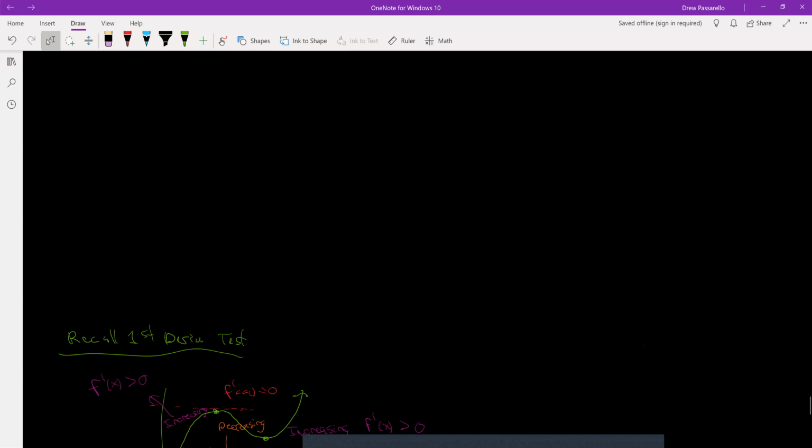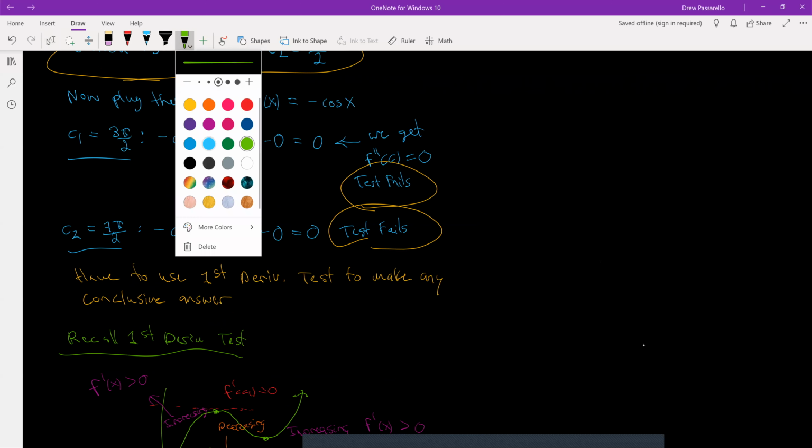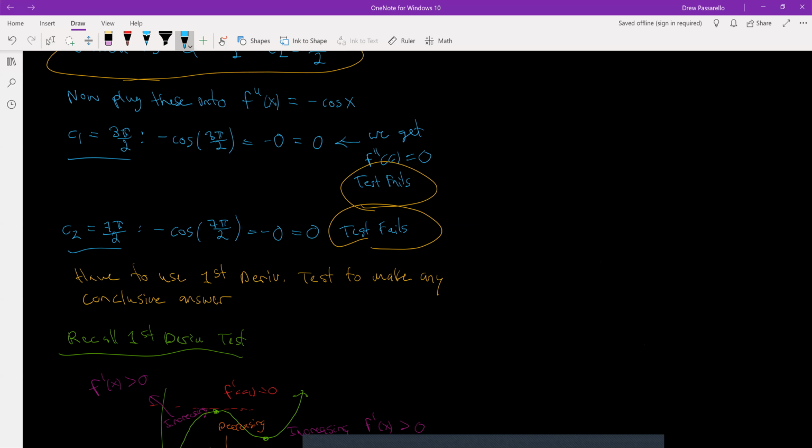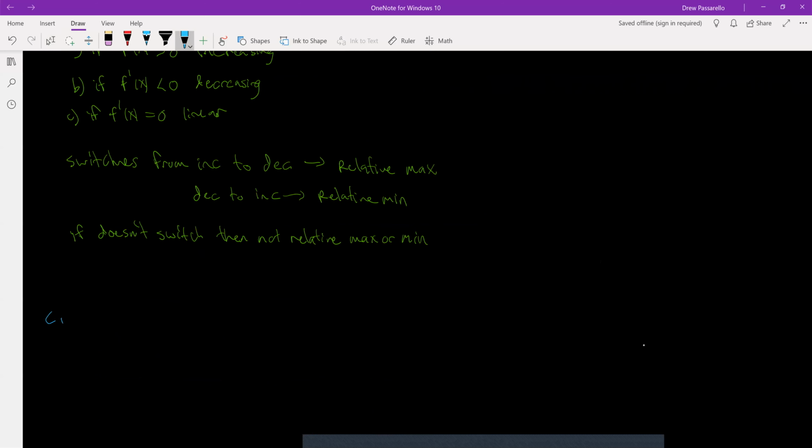Now I'm going to go back to the question. And again, we first tried the second derivative test. It didn't work. It's inconclusive. So now we're going to try, well, what happens when you apply the first derivative test and make our decision from there. And we already found our critical numbers, right? So the critical numbers, 3 pi over 2 and 7 pi over 2.